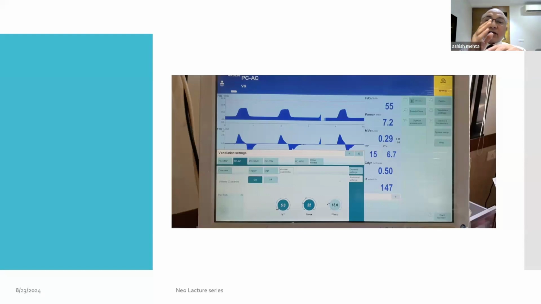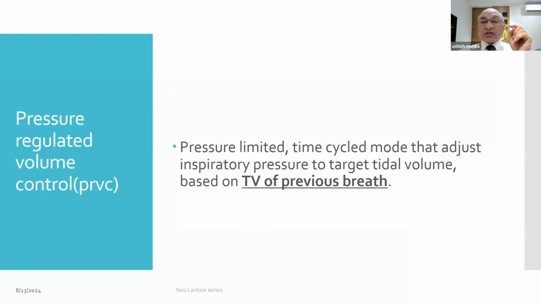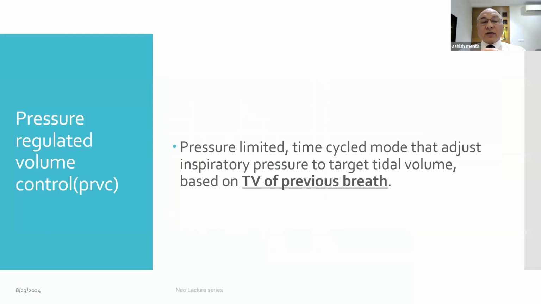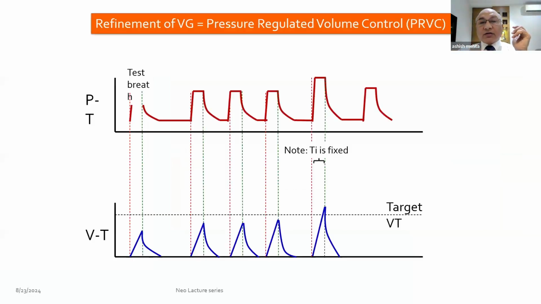As long as changes are done in a breath to breath pattern, there are 2 important modes: VG, volume guarantee, or pressure regulated volume control. What is that? This is a pressure limited, time cycled mode that adjusts the inspiratory pressure to target the volume based on the tidal volume of the previous breath. So you can adjust the pressure to achieve the tidal volume.